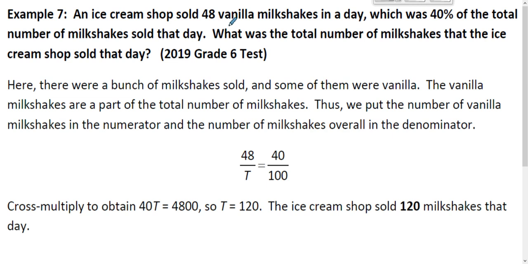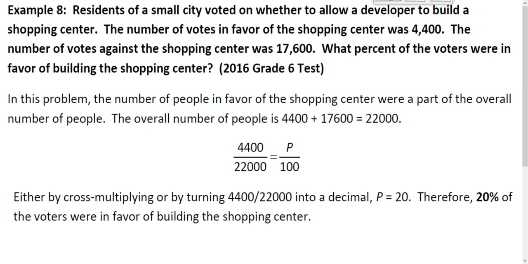There were 48 vanilla milkshakes sold, but we don't know the total number of milkshakes sold, so we know the part, but not the whole. And then there's the question where we know the part and we know the whole, but we don't know the percent. Those are the only 3 kinds of percent problems that exist because generally it's part over whole is percent over 100. So there's only 1, 2, 3 possible things that we could be looking for in a percent problem.